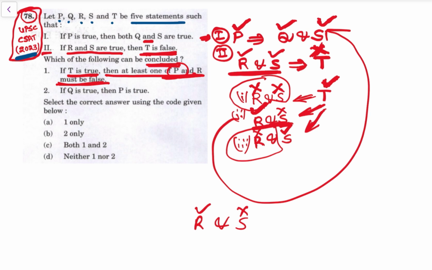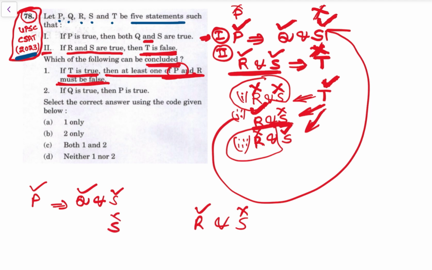जैसे R false होगा, ठीक है, जैसे R false, S false होगा, ठीक है, S false means from this case if S is false then P will be false, because see, P is true when Q and S both are true.